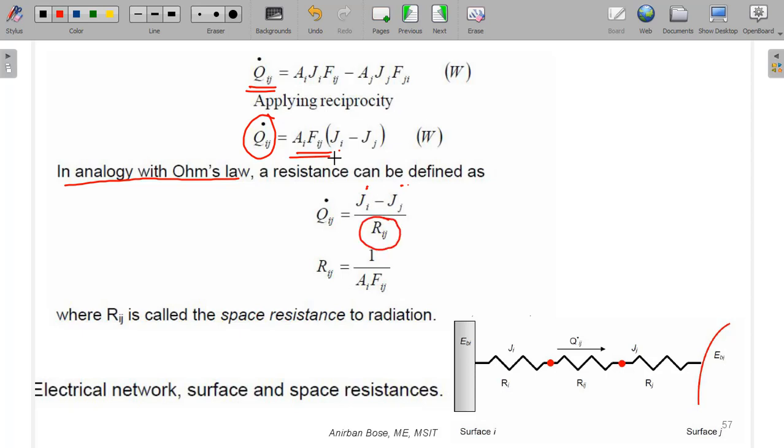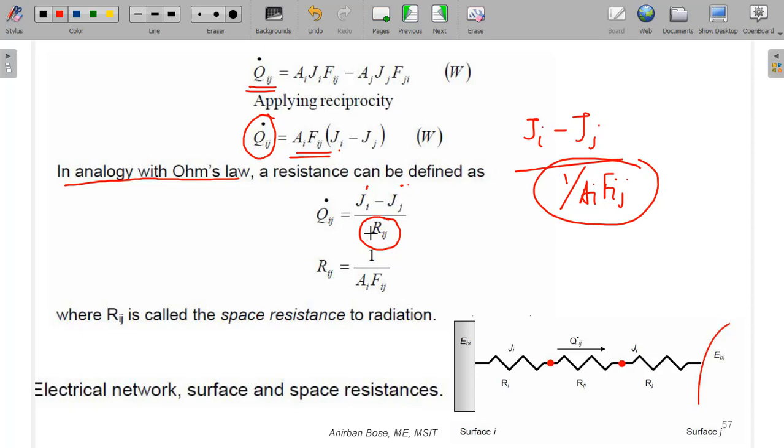So the resistance between i and j is nothing but 1 by Ai Fij. If you write this quantity like that, Ji minus Jj divided by 1 by Ai Fij, this quantity is the resistance.